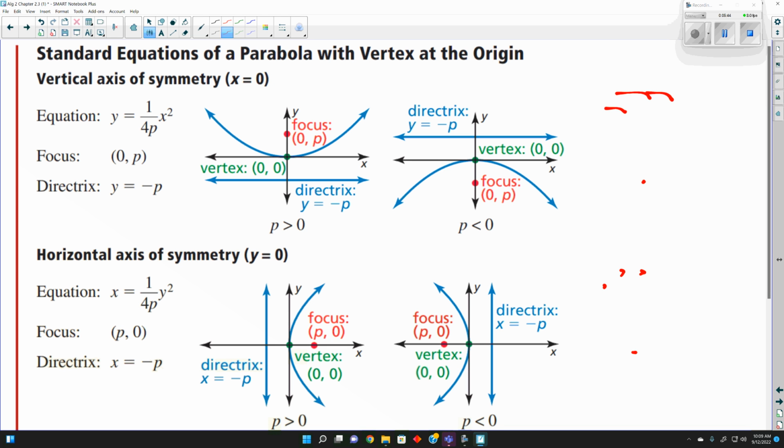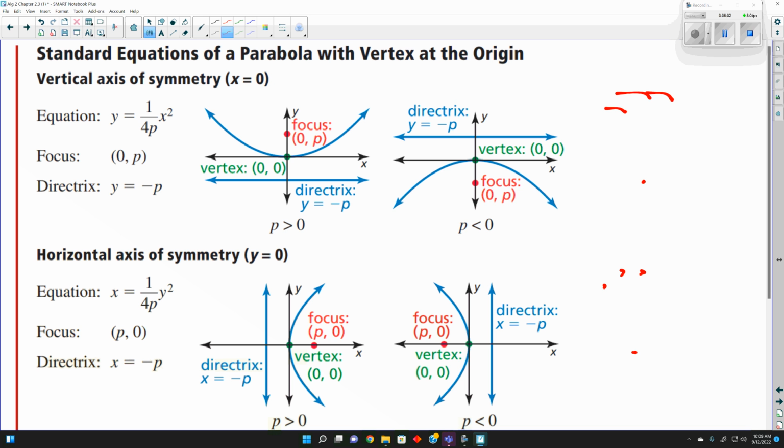So y is equal to 1 over 4p times x squared. Now the focus is the point 0, comma p. The focus for our first one is 0, comma p.